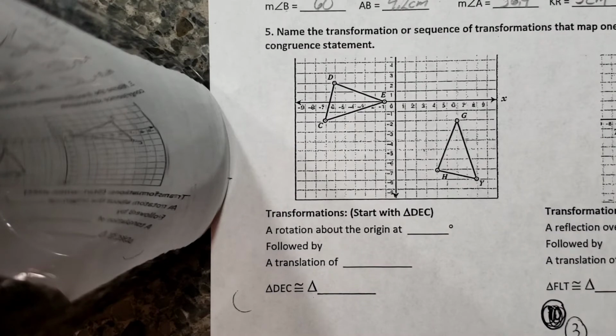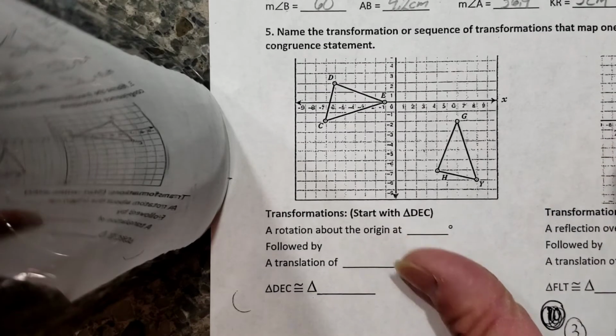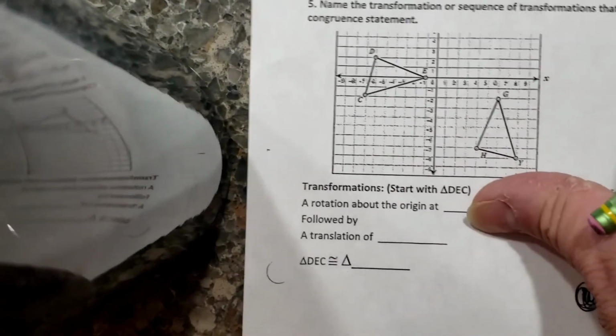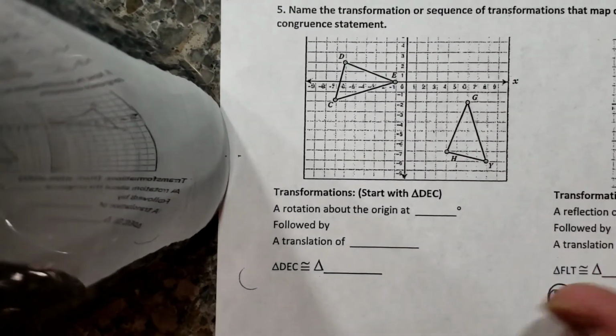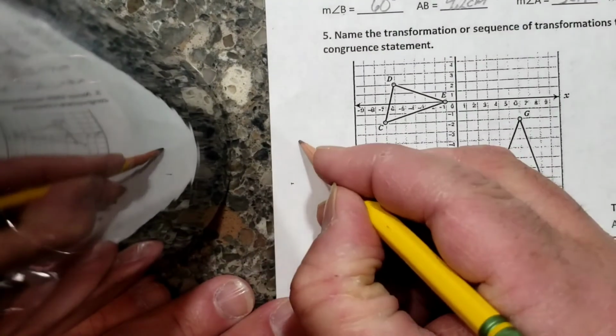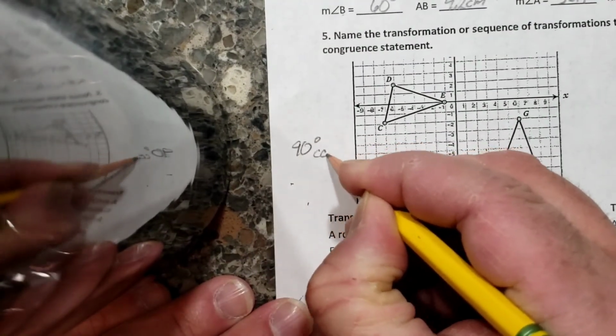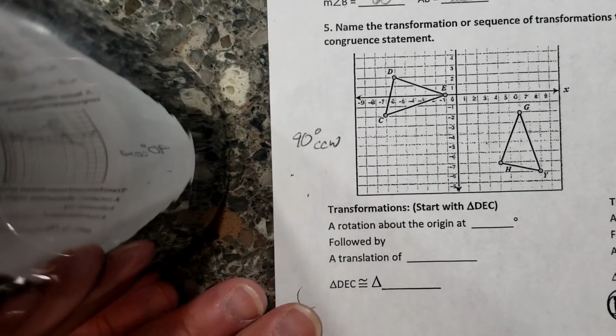And in order to do that, you see how GHY is? If I turn my paper, I will get the same shape of the triangle. So one rotation of the paper like that is 90 degrees counterclockwise. Okay, 90 degrees counterclockwise, you'll see it.